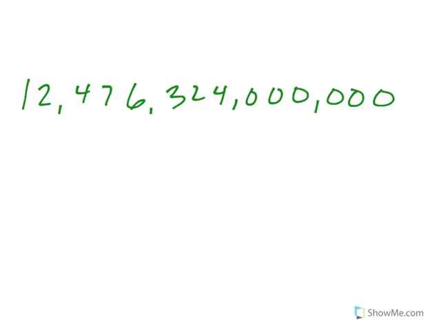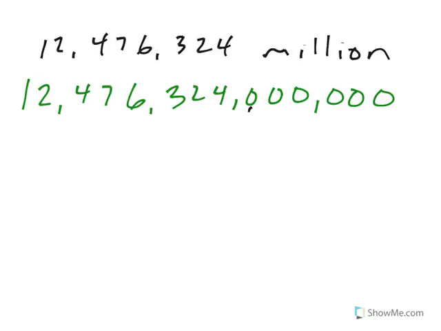Okay, let's go back to standard form. If I have 12, 4, 7, 6, 3, 2, 4, 6 zeros, right, because remember, this is what we started with. So I took those million, I turned it into 6 zeros. Well, now I want to take this number and turn it into trillion. Well, trillion means 12.